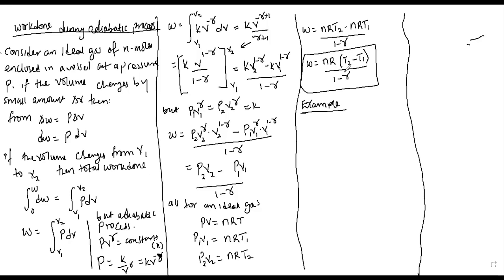Now, some of these examples of adiabatic processes, they set the numbers with an illustration of sketching the graph. They can ask you to sketch the graph to indicate the process.